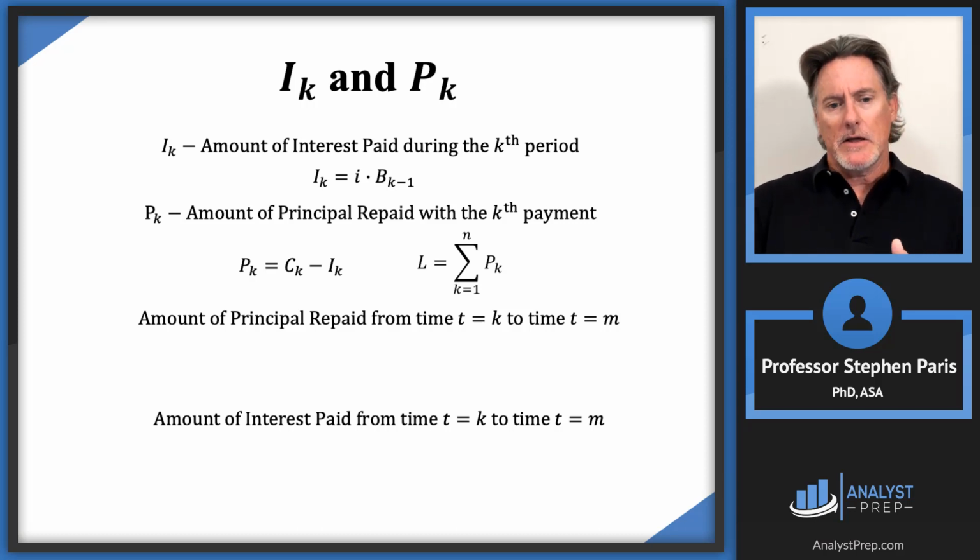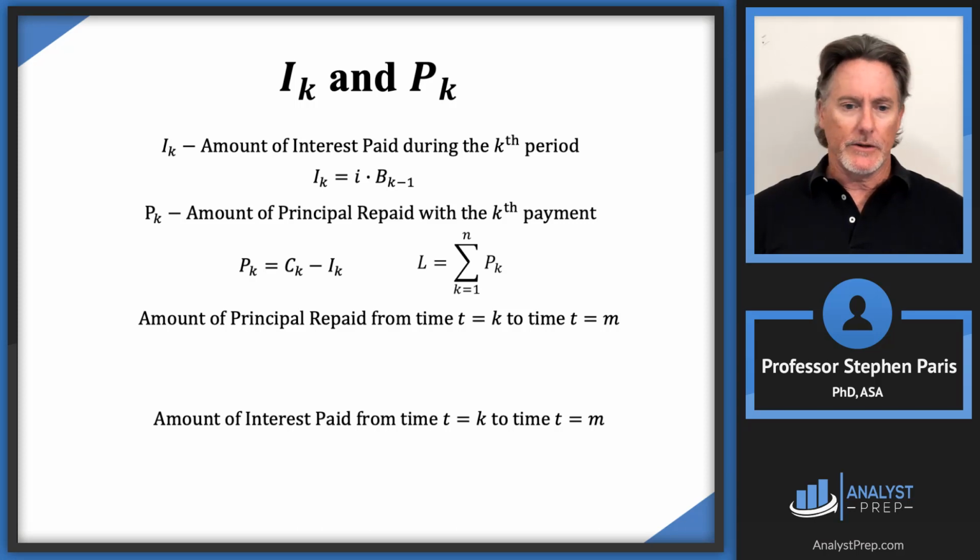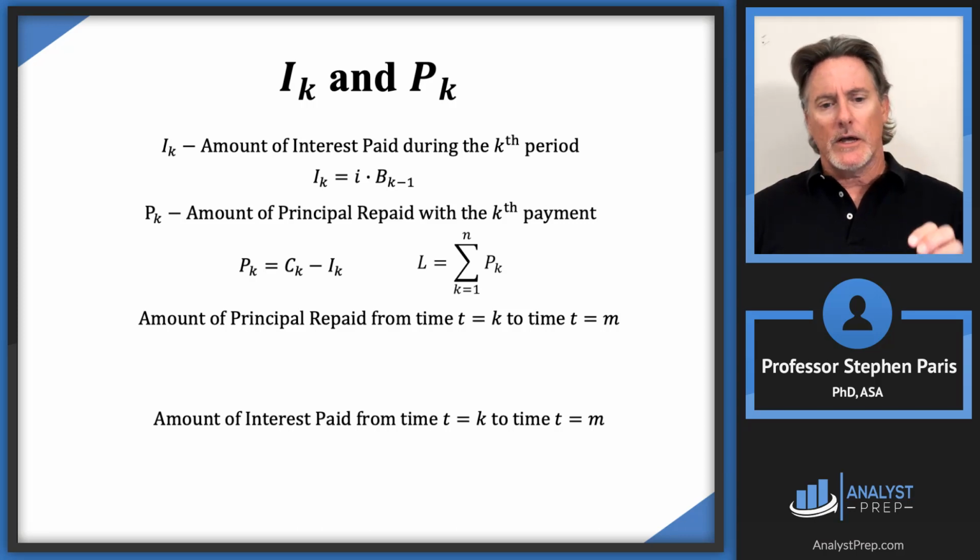This is that line, cap P sub K equals cap C sub K minus cap I sub K on your screen there. You usually know what the payment amount is, and then you calculate what the amount of interest in a single payment is, and then subtract those to get the amount of principal that's repaid in a single payment.